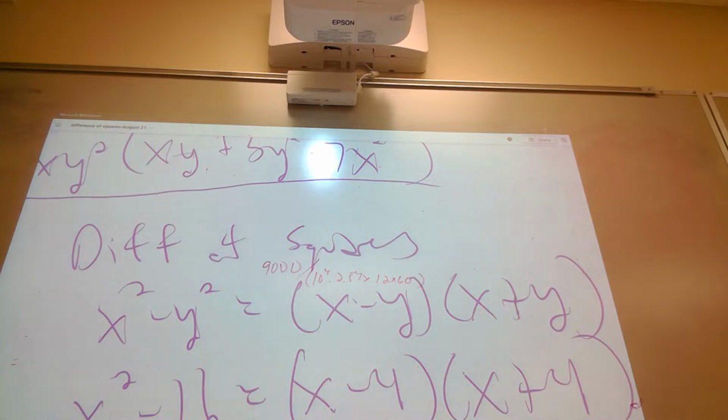Okay, so it comes up all the time: x squared minus y squared is equal to x minus y times x plus y. Okay, so write that down. All you do is take the square root of x and the square root of y, and you plug them into the equation. Of course, you have to know what the square root of x and the square root of y are.